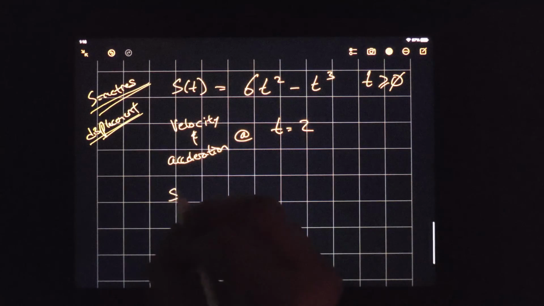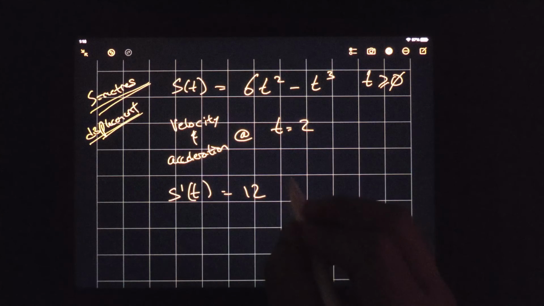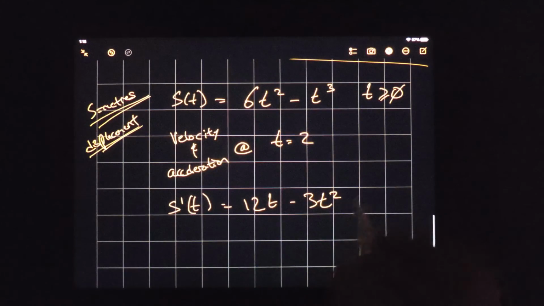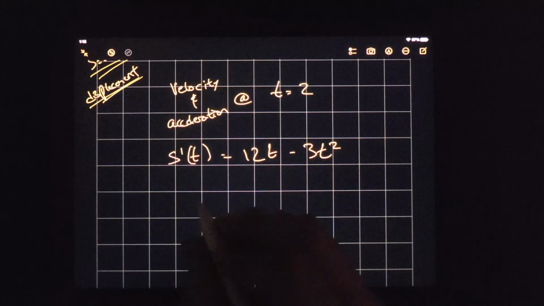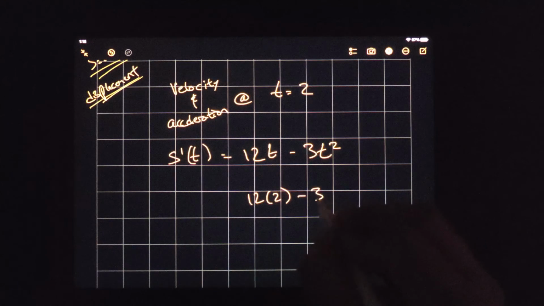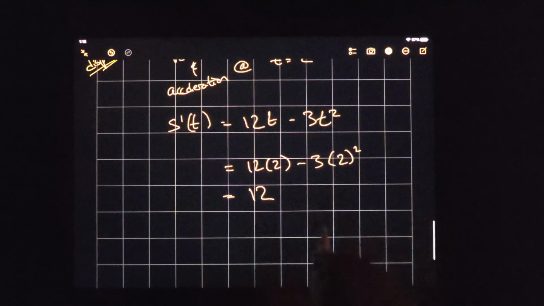It's very simple. s prime of t is equal to 12t minus 3t squared. And if we plug in 2 into that, 12 times 2 minus 3 times 2 squared, that should give me 24 minus 12. So 12.